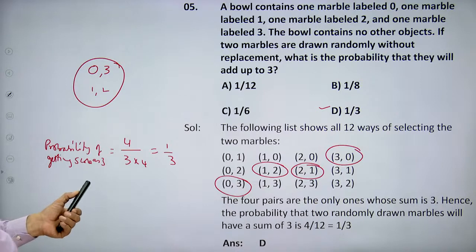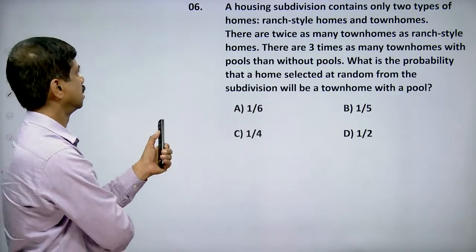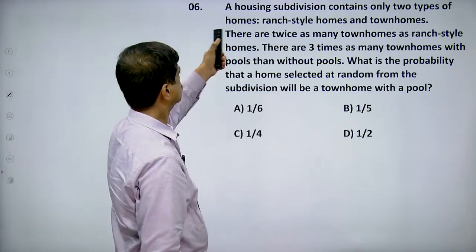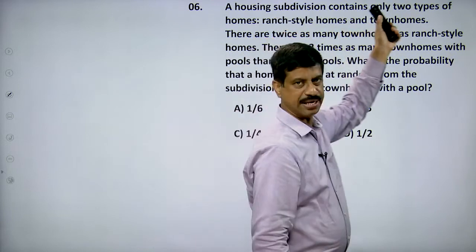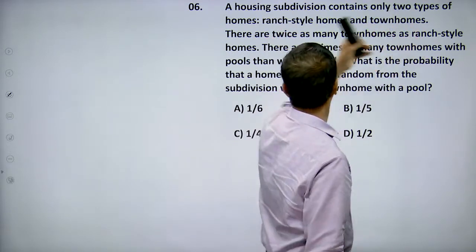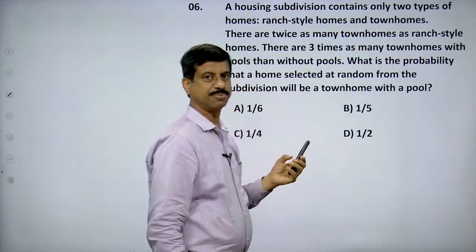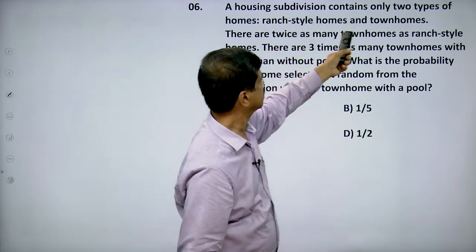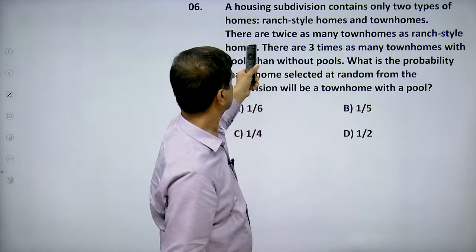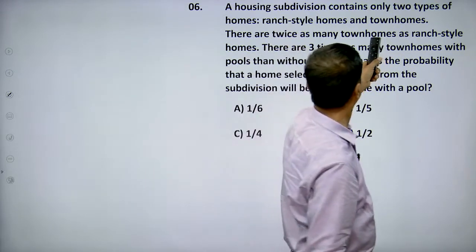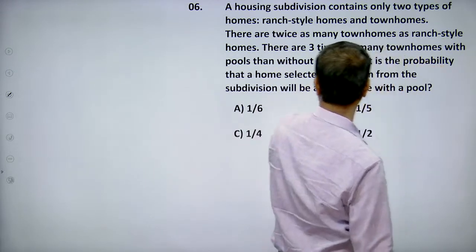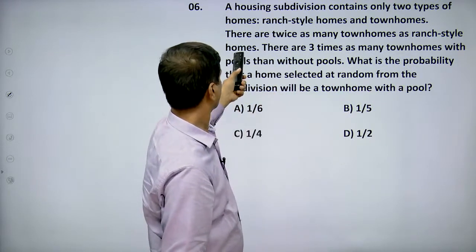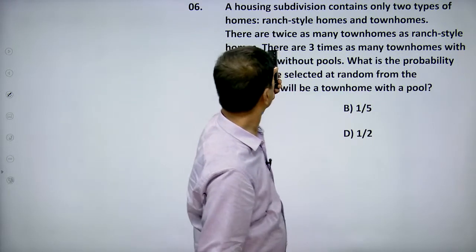Right, children? So, let us go to the next question. A housing subdivision contains only 2 types of homes. Only 2 types of homes: ranch style homes and town homes. There are twice as many town homes as ranch style homes.